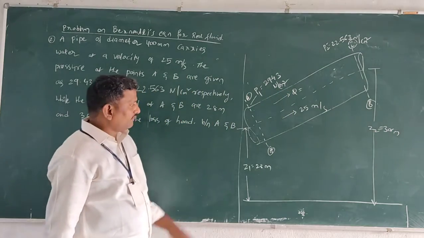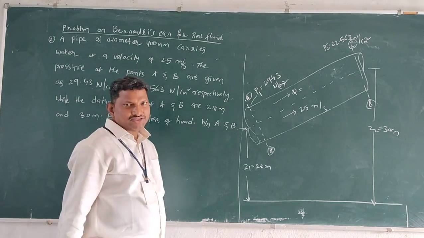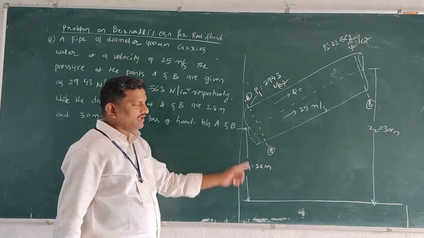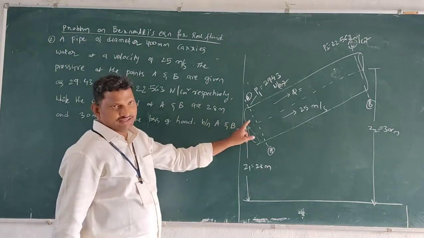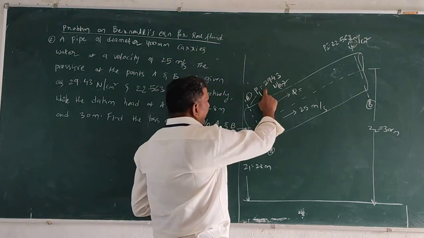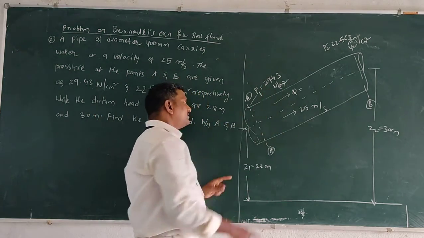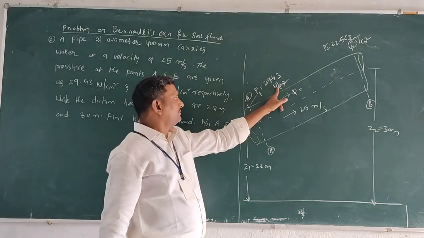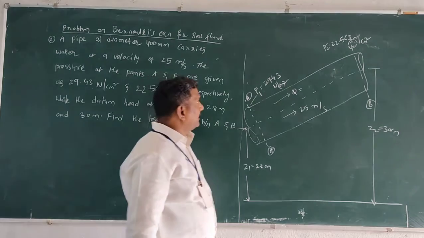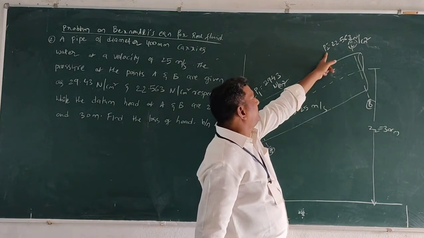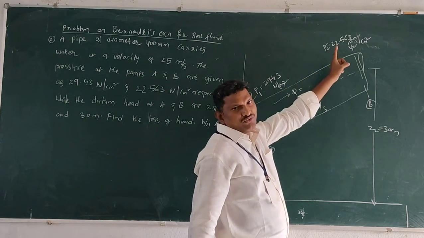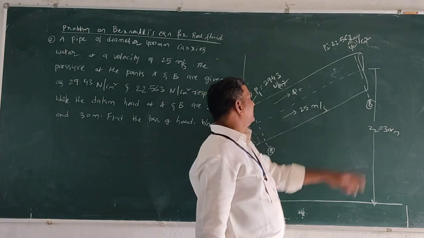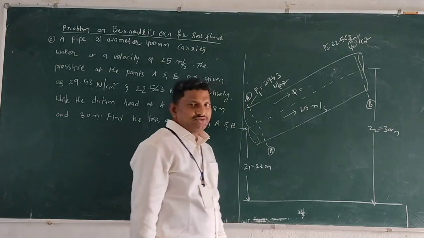Okay, if we represent the same, we will get this. Intensity of pressure at section A is 29.43 newton per centimeter square. Intensity of pressure at section B is 22.563 newton per centimeter square. Understand?